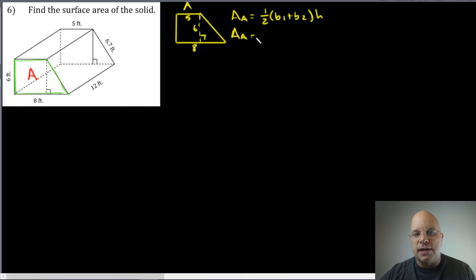So the area of face A is half of 8 plus 5 multiplied by 6, or 1/2 multiplied by 13 multiplied by 6. I'm going to choose to associate and take half of 6 as 3, and then multiply 3 by 13, I get 39 for the area of face A.